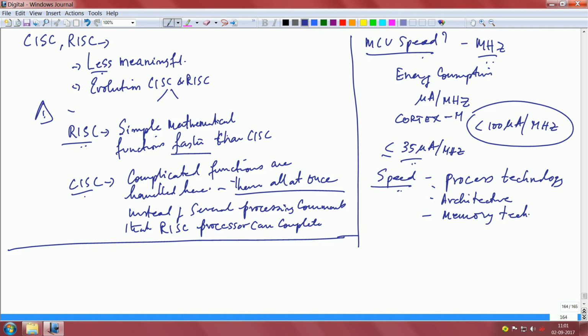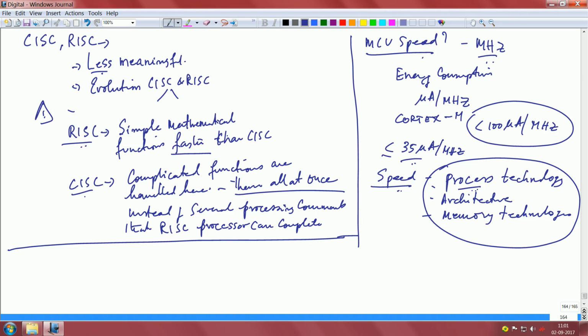So if you just say so many microamps per megahertz for energy and so much MCU speed measured in megahertz, it would not be the right way.